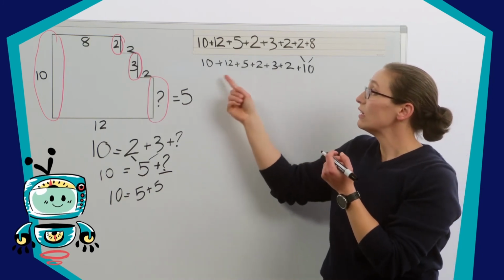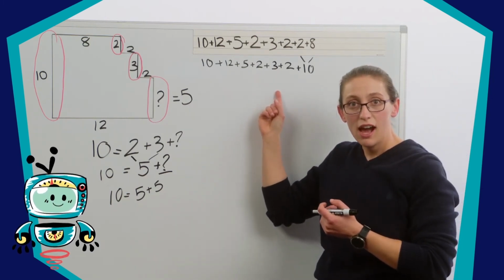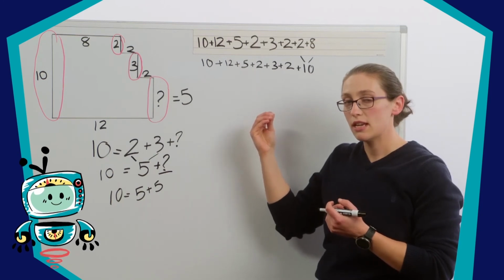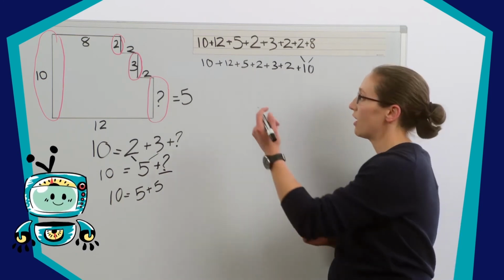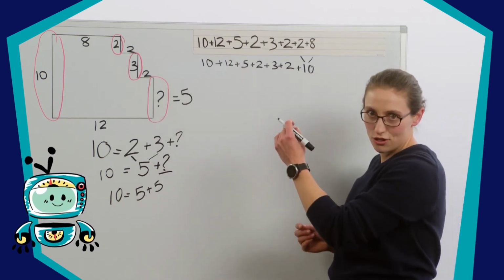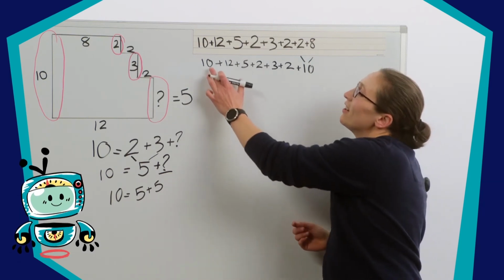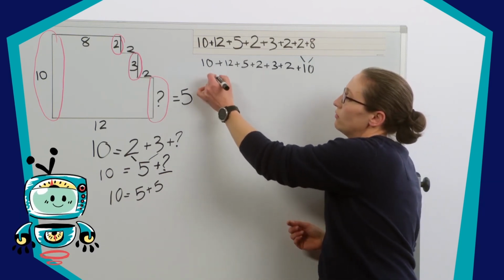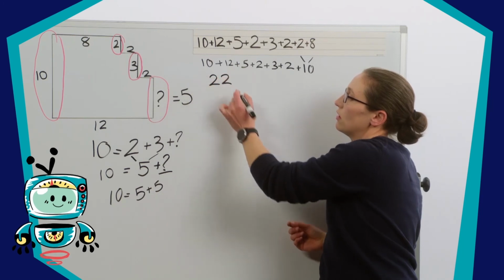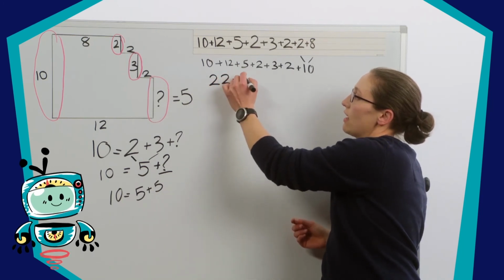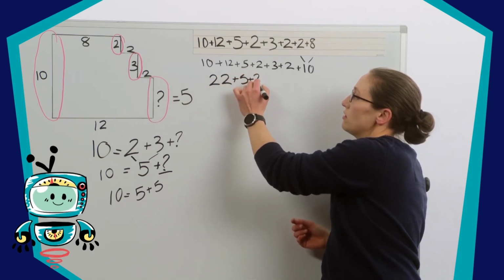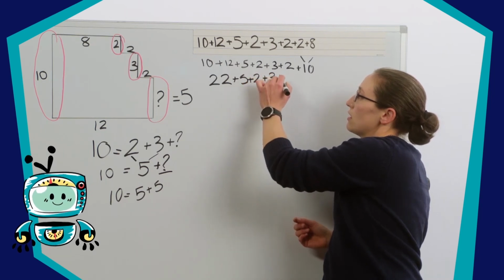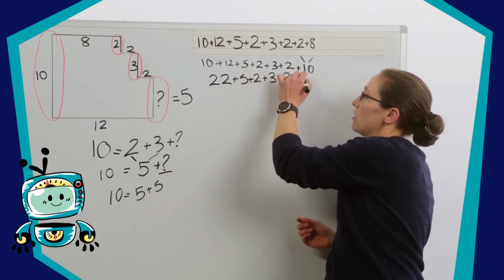Now, let's get to adding. I'm going to do a couple pieces, and then we're going to check my answers. Make sure you are checking behind me. We've got 10 plus 12 to get 22. Now I'm going to bring these down, plus 5, plus 2, plus 3, plus 2, plus 10.